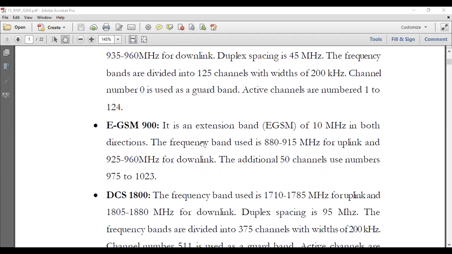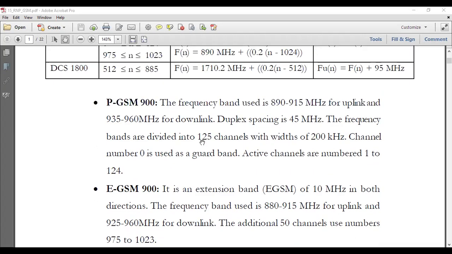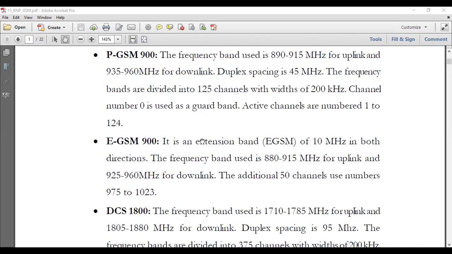Now, if you are in Asia and you first turn on your phone, it supports 900 and 1800 bands, so it will scan the whole bands and check the power level. Okay, it sweeps through the whole bands right after you power up, and it will find out where there is energy.